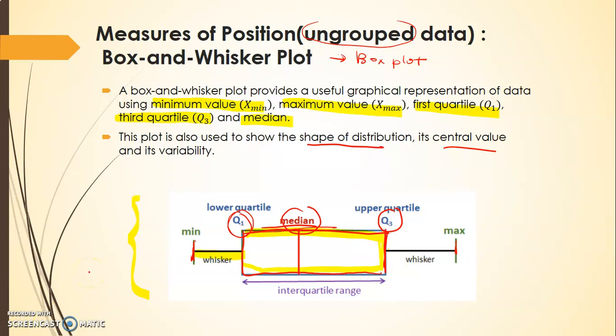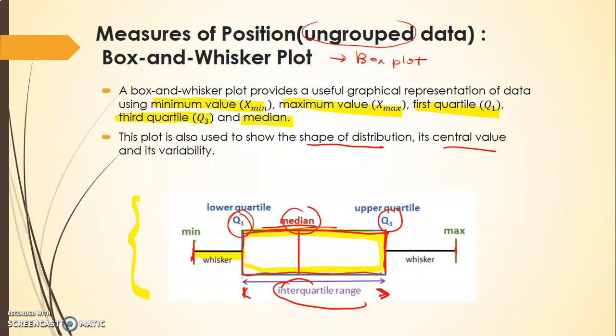One more thing, in box and whisker plot, the value from Q1 until Q3 is actually the value for interquartile range. For interquartile range, you will learn this in the next subtopic.